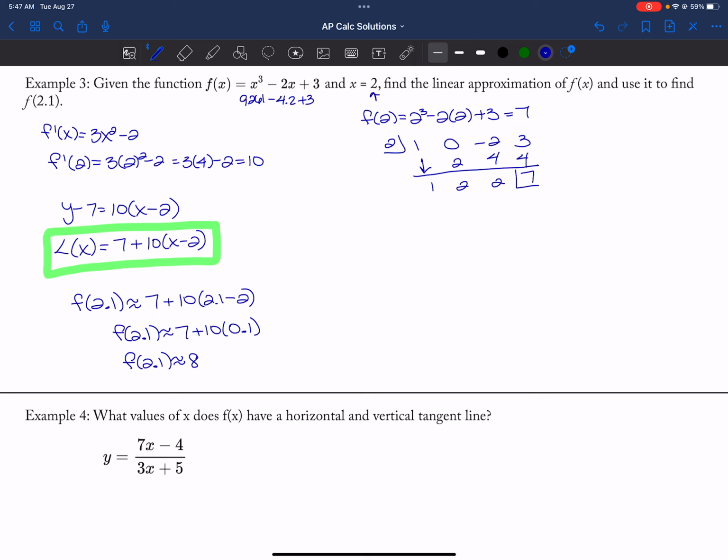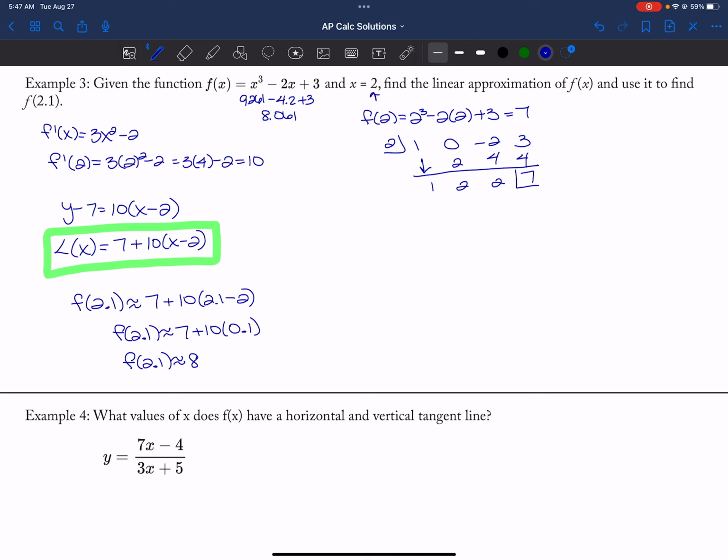So 9.261 minus 4.2 plus 3 is 8.061. So what linearization does is, when it linearizes the function, it gets you close to what the original value would be when you plug it in.